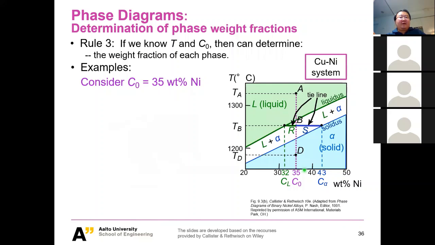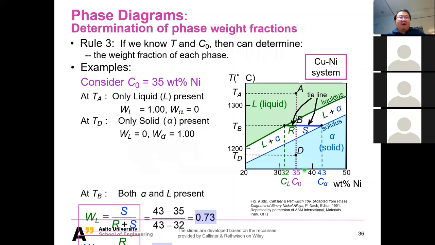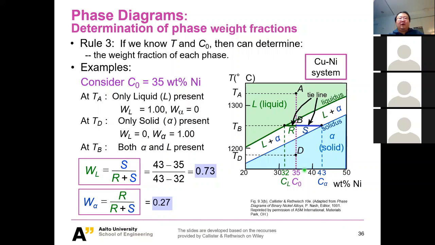All right, that's the lever rule, and now let's use it to calculate for the interesting point, the B point. Using what we just derived, the weight fraction of the liquid will be 73%, and the weight fraction of the solid solution is 23%.